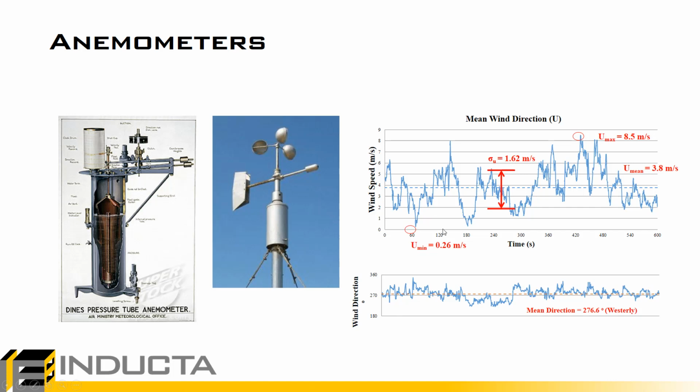So they give us basically time on the horizontal axis, and on the vertical axis we have wind speed and wind direction. So looking at wind speed, we see that there's quite a bit of fluctuation over these 600 seconds of the maximum and minimum wind speeds. So we see a minimum of 0.26, maximum of 8.5 meters a second.